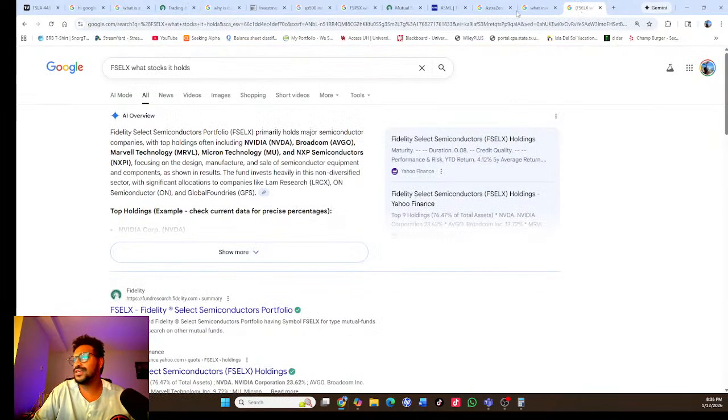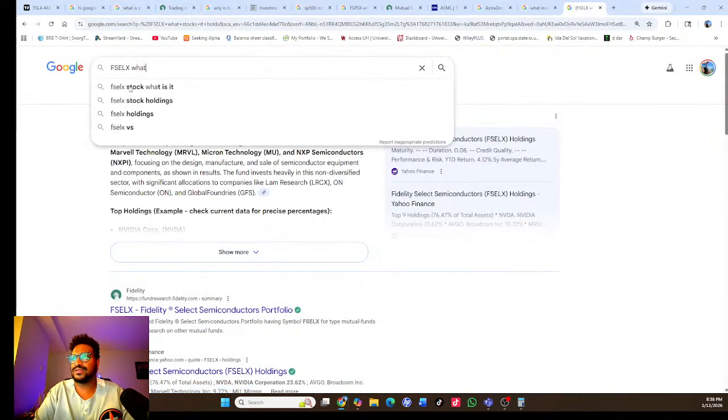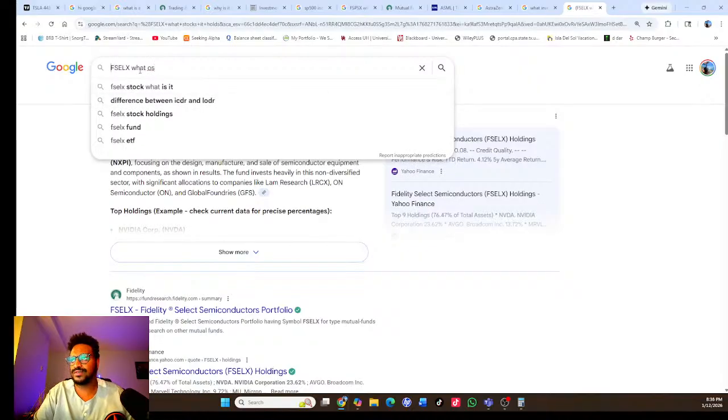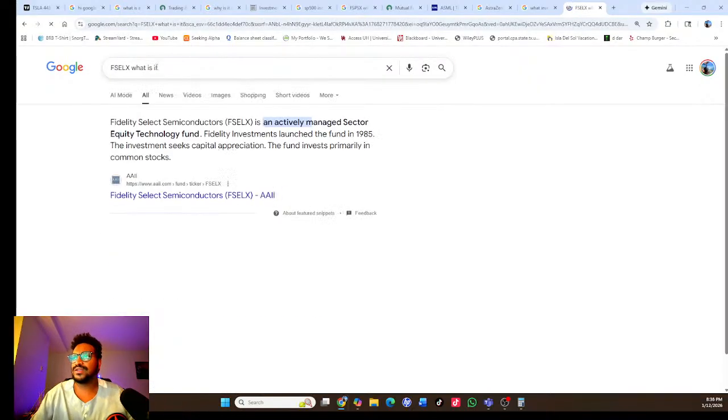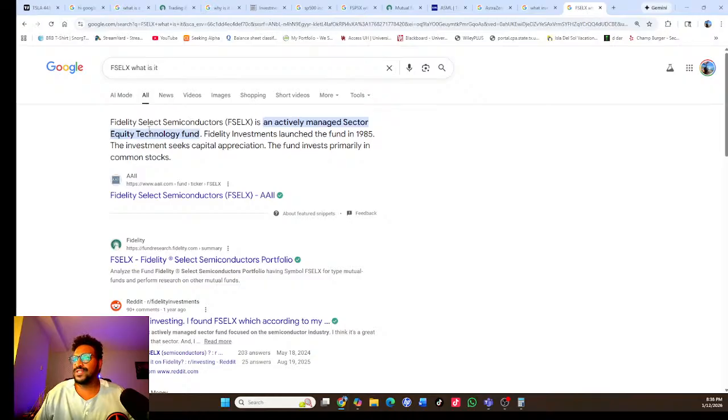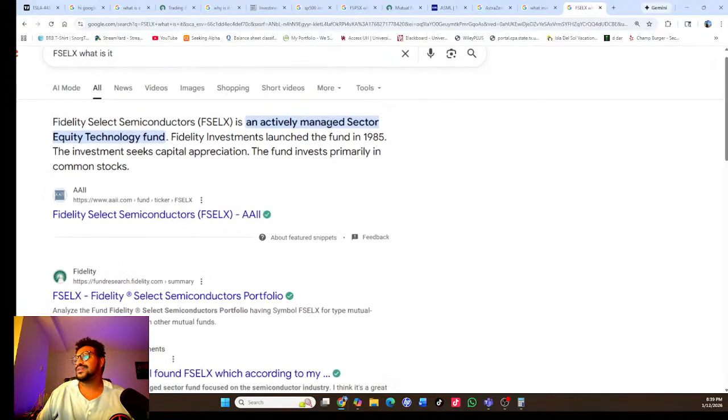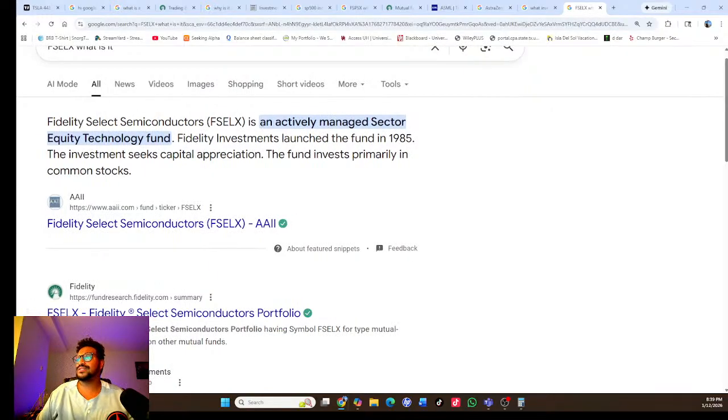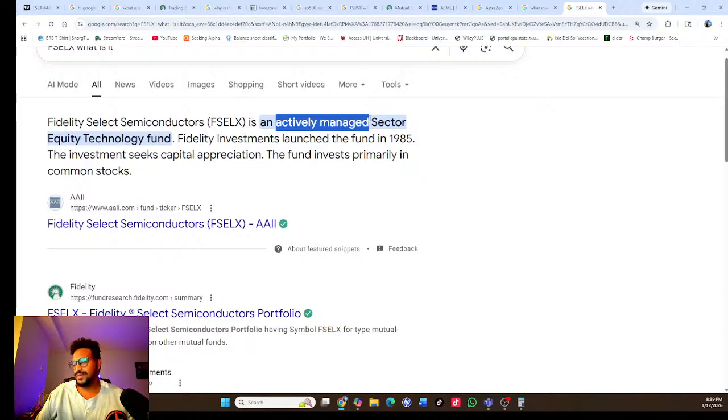What that means is like this. Fidelity Select Semiconductors is an actively managed sector equity technology fund. Okay, so let's break this word down. Actively managed. What does that mean?